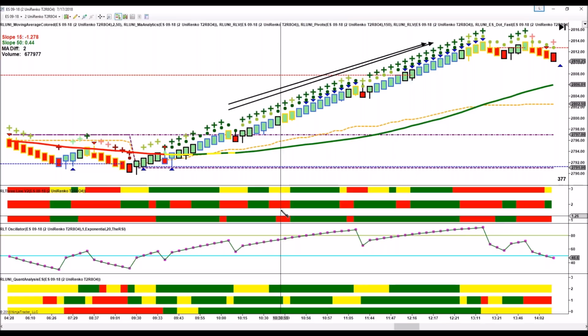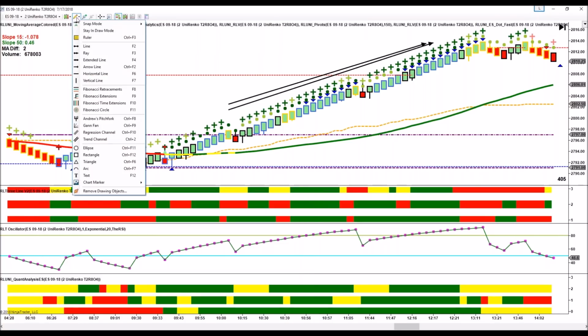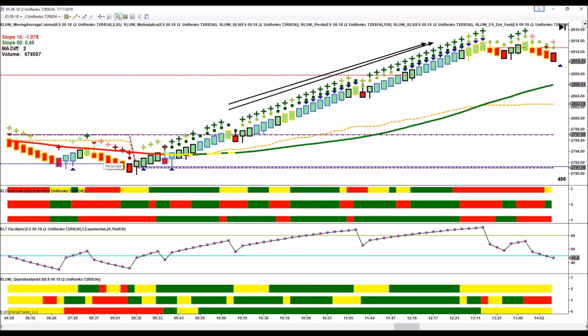Here, in the middle line, you can't see what market is doing what.